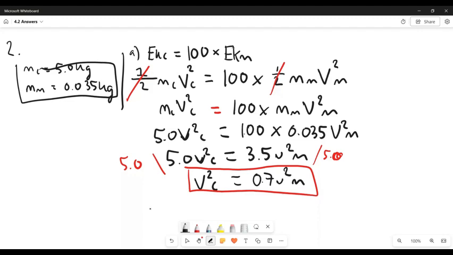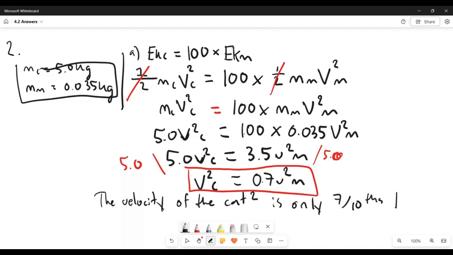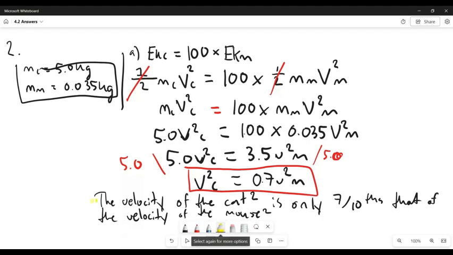So what this means is that the velocity of the cat squared is only 7/10 that of the velocity of the mouse squared.